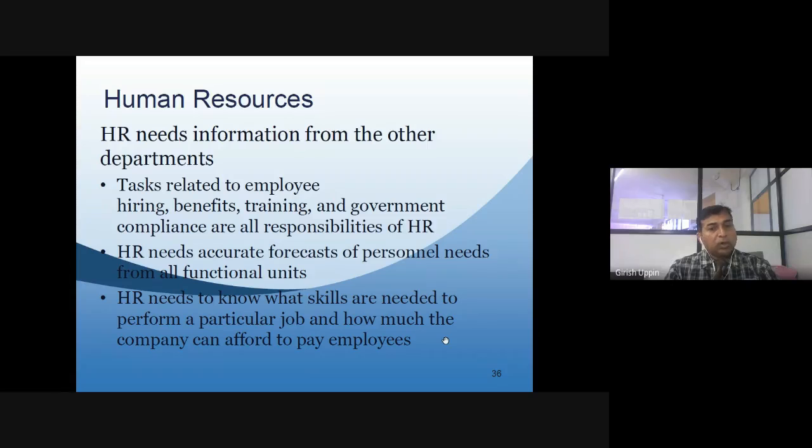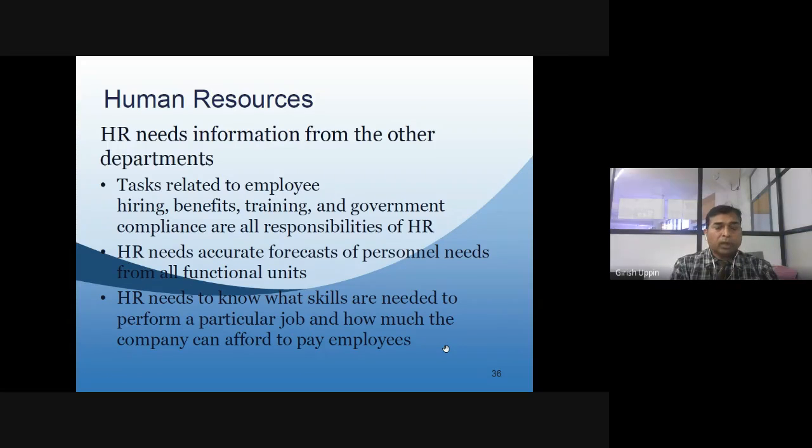HR needs to know what skills are needed to perform a particular job and how much the company can afford to pay the employee. So this information, if supply chain management is requesting for the personnel, definitely they will be looking in the area of manufacturing, transportation, logistics, right? And if the accounting functional area is looking for employees, they will be looking in the areas of accounting, right?